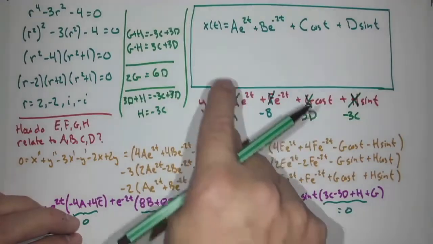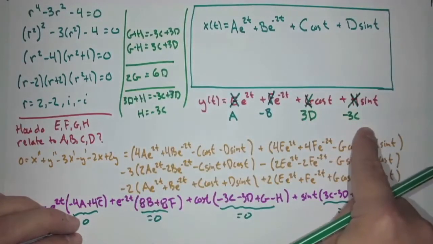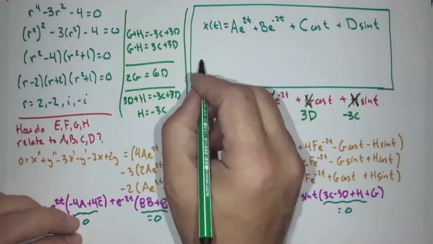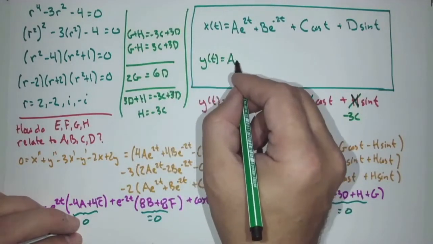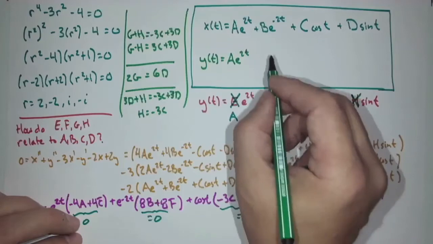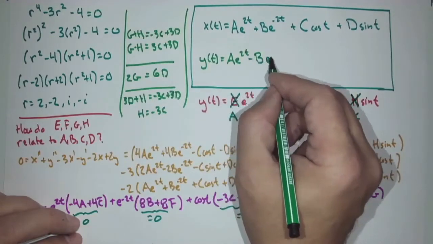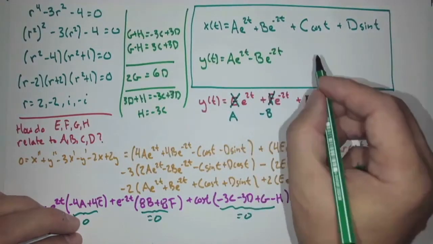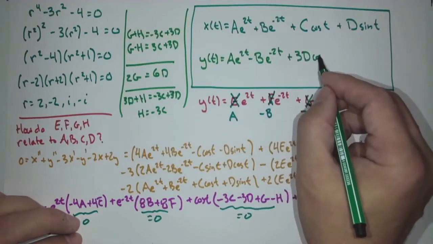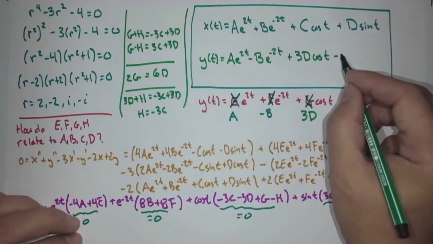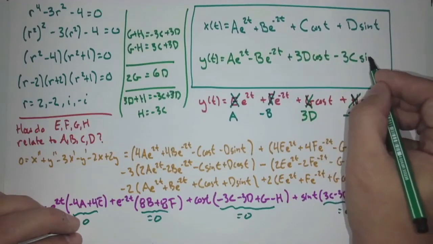So now we have everything in terms of those four a, b, c, d. So we're ready to fill the box. Y of t is a e to the 2t minus b e to the minus 2t plus 3 times d cosine t and minus 3 times c sine t.